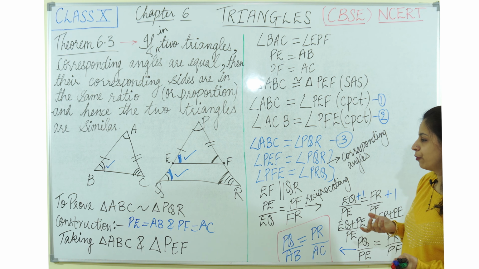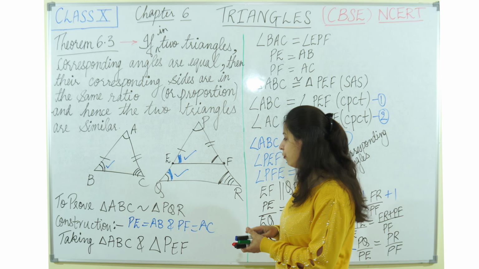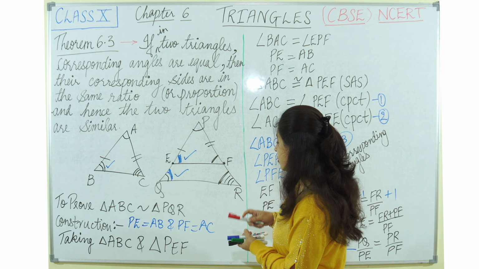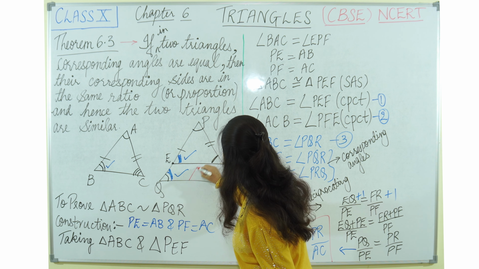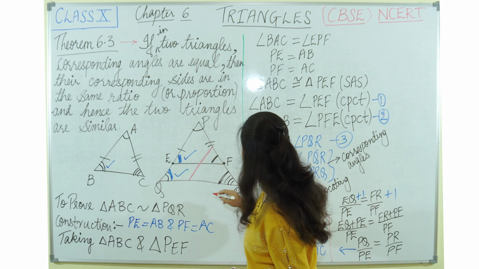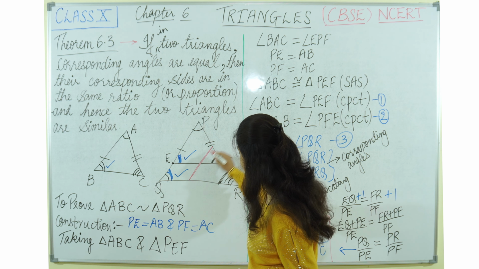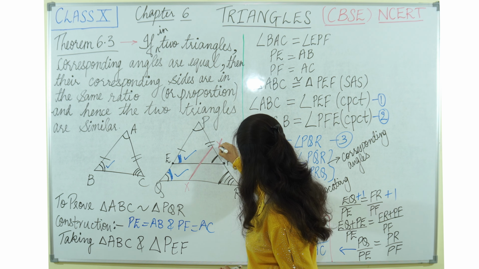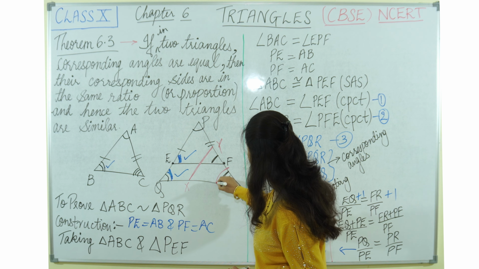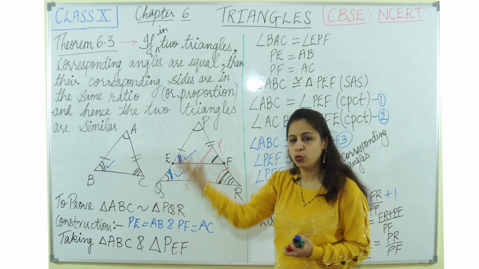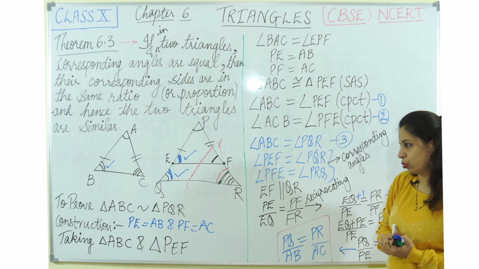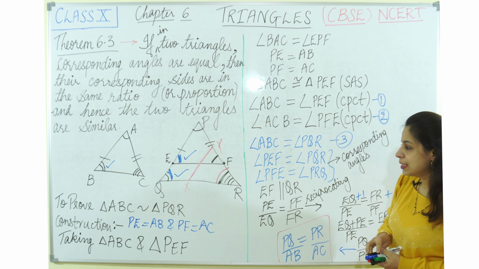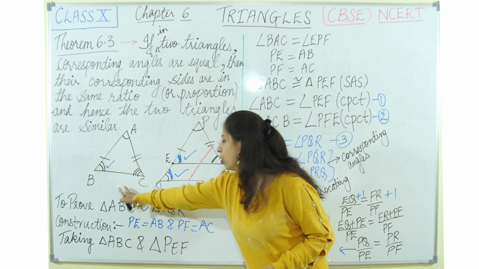We can also do it for the rest of the sides if we draw a line segment, mark it as X and Y, and take this angle to be common, and we can prove it in that way also.